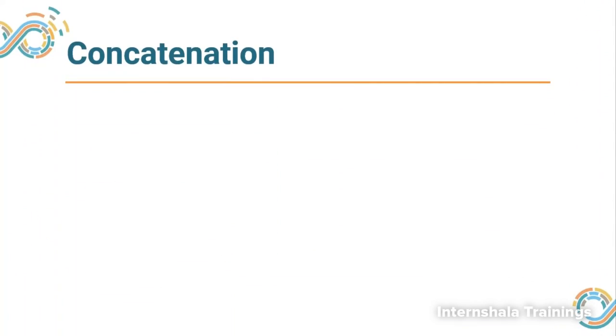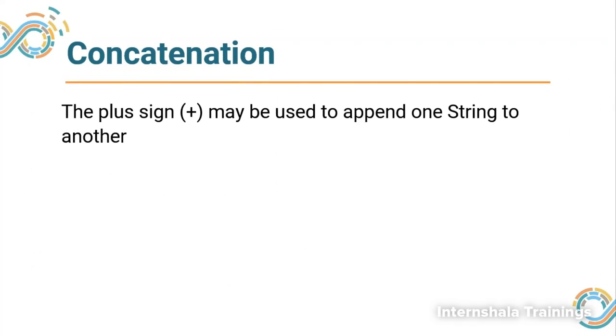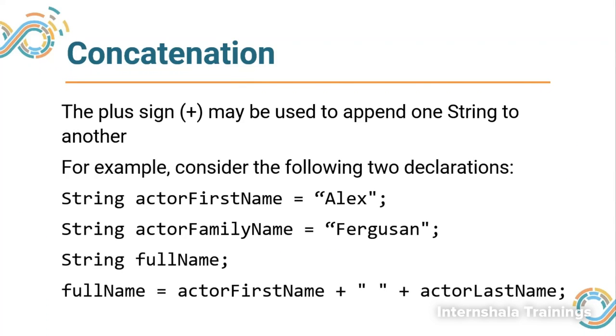We can concatenate multiple strings or variables. For that we use a plus sign. Let us look at this example. I have one string whose name is actorFirstName and the value is Alex. Okay, this is my variable number 1, which is of the type string.